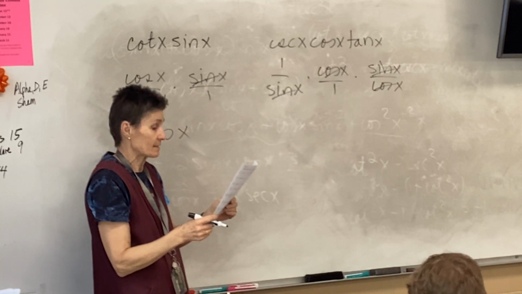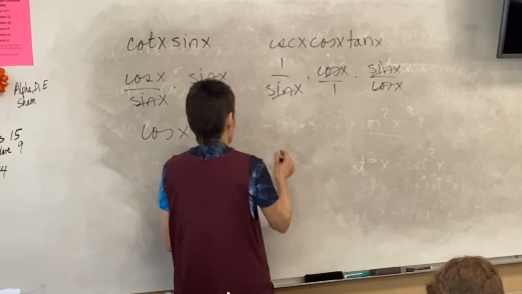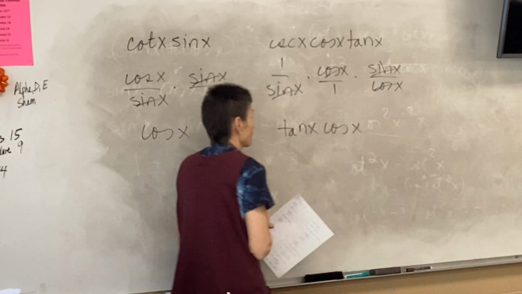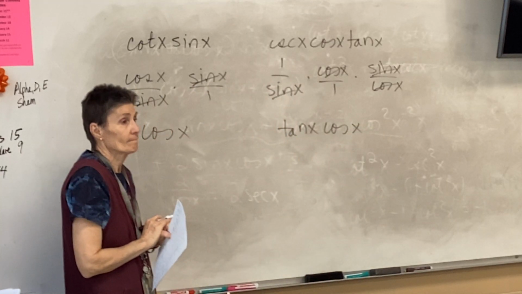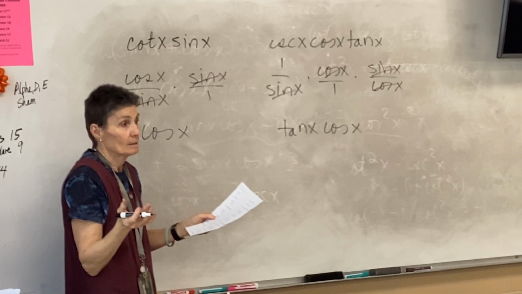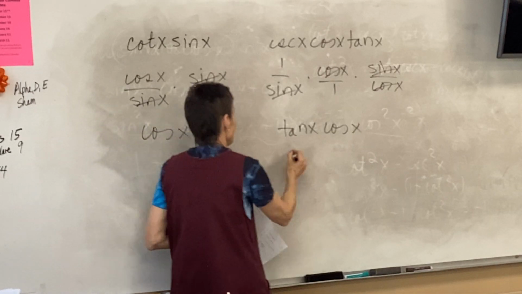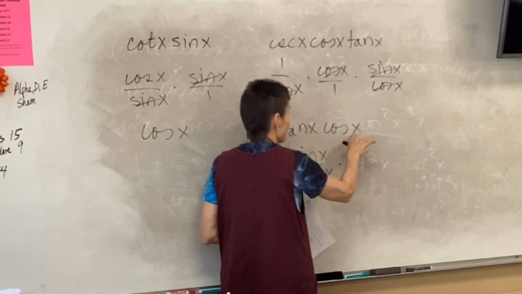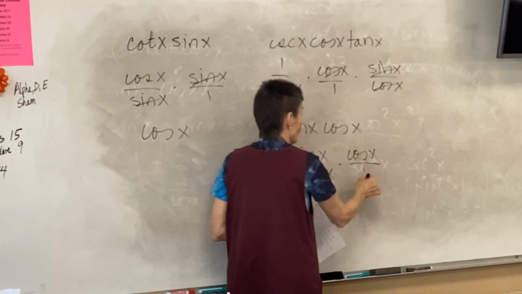Number 6. Come on, you can do it. Sine over cosine times cosine over 1.